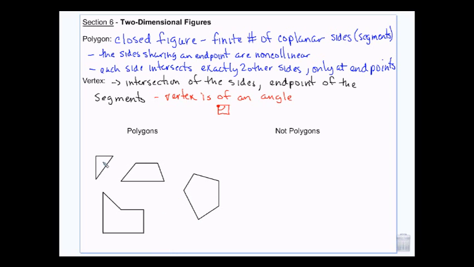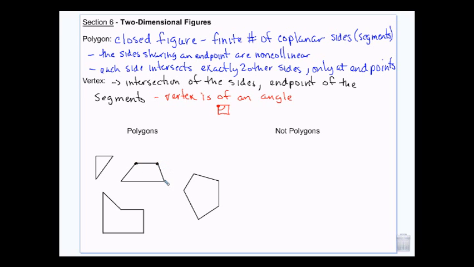Okay, you'll notice these are all closed, and every side intersects another side at a vertex, and no line segments continue past the sides. Each vertex is here.